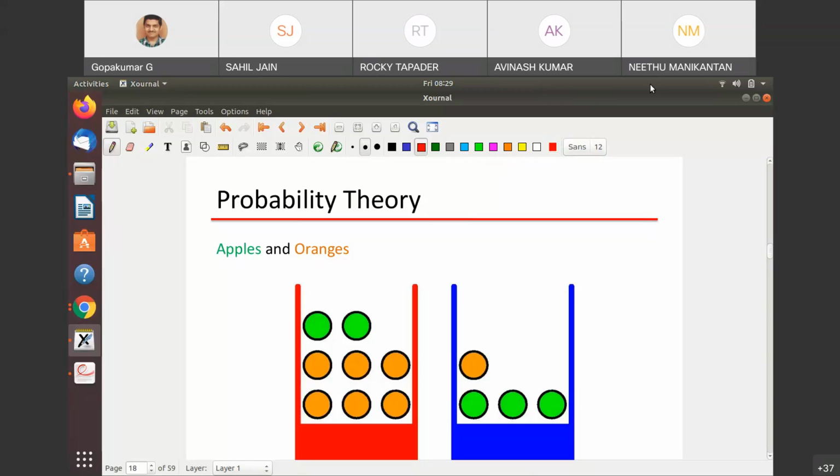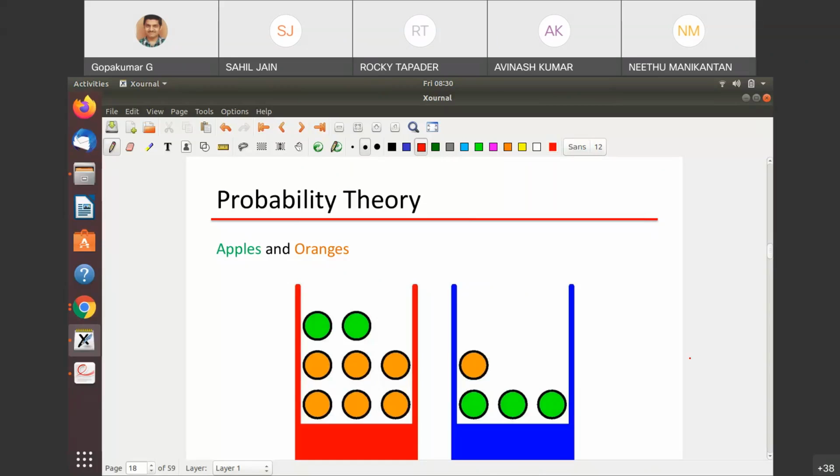As we come across any probability question, there can be a lot of questions you can ask about this particular situation. Maybe what is the probability that an apple is selected at random from these two?